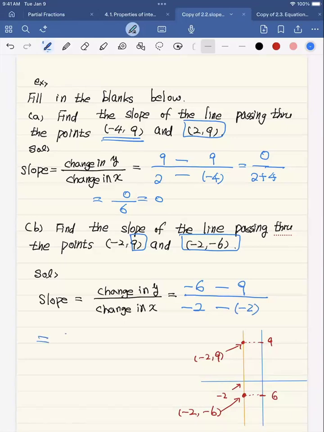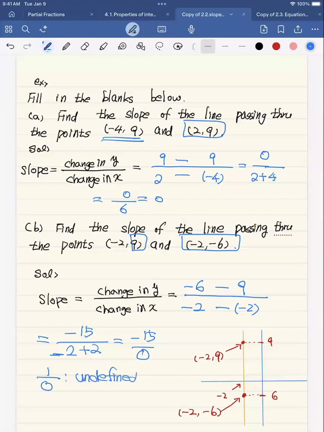So that is -15 over -2 plus 2, which is -15 over 0. What we know is that a denominator of the fraction cannot be 0, so that's undefined. So the slope is undefined.